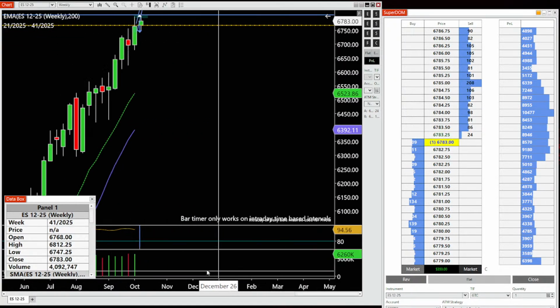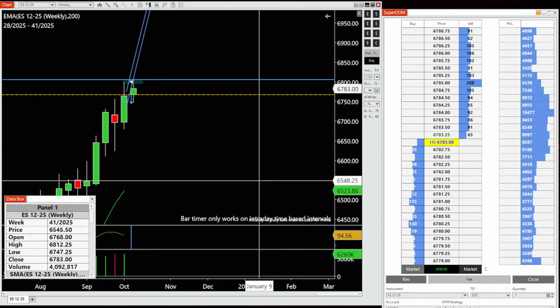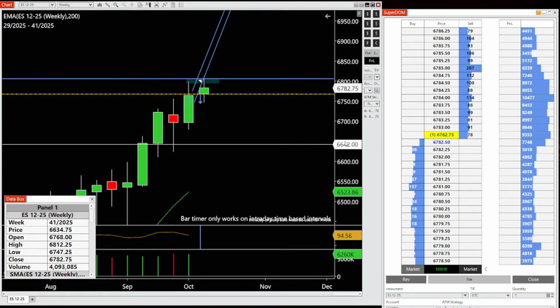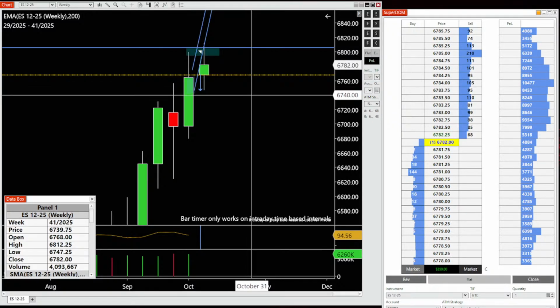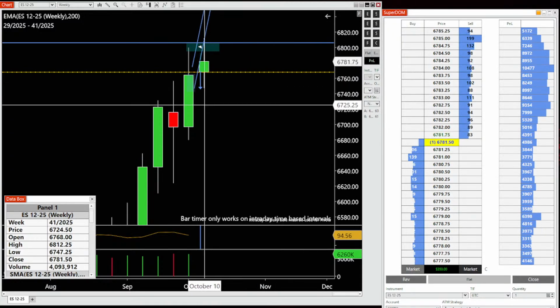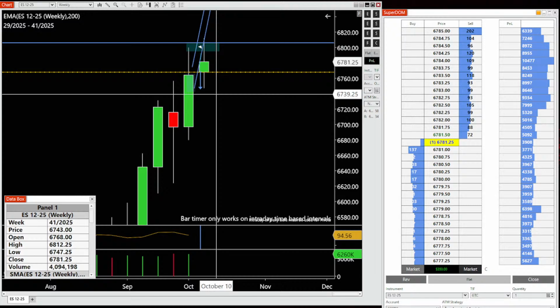On the weekly, you see that it's basically pointing to the weekly low, which is a lower probability. We're on an uptrend, but it's been weak today, so let's see what happens.